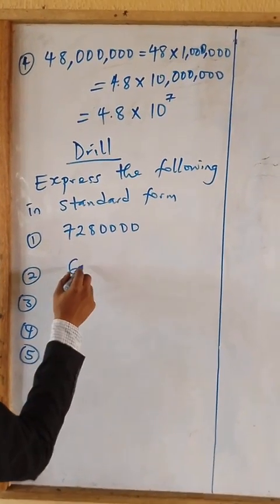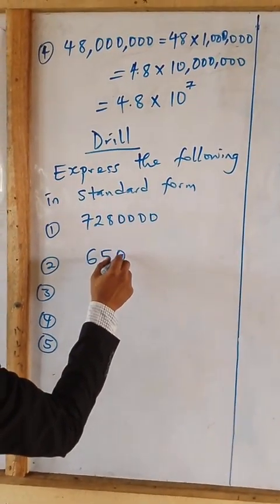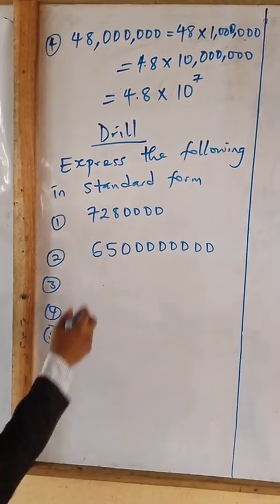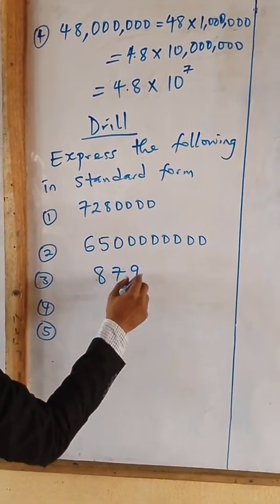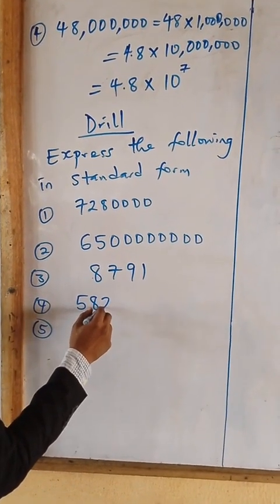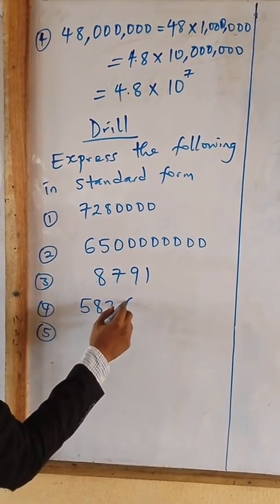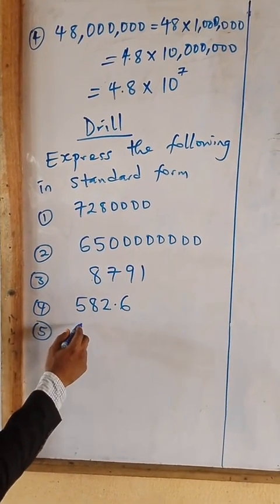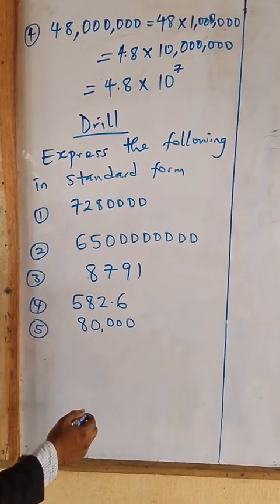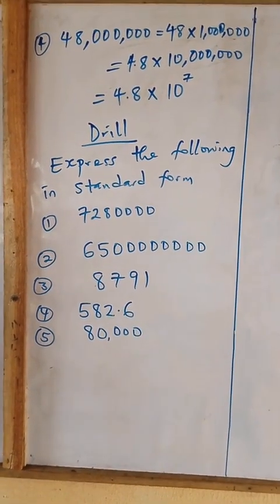Then we have 65000000. Then we have 8791. We also have 582.6. Then we have 80,000. Put your answers in the comment section.